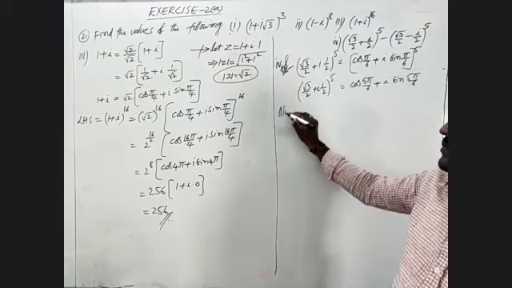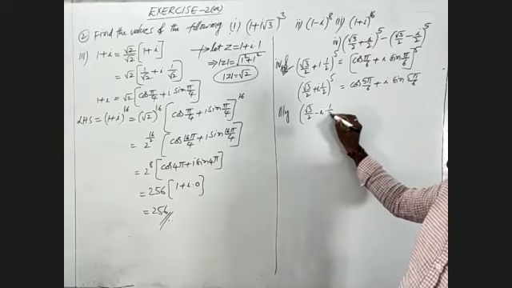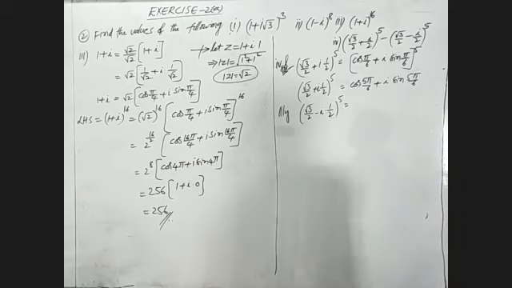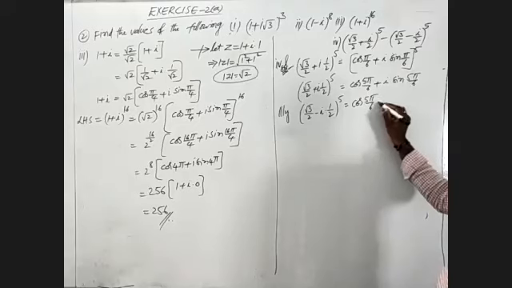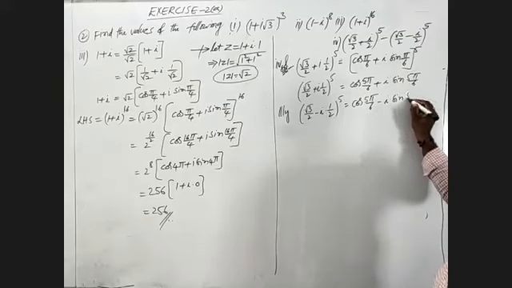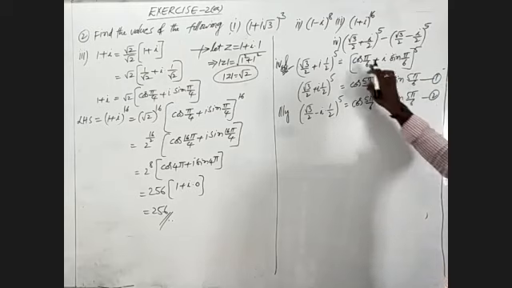Similarly, we will take root 3 by 2 minus i into 1 by 2 whole power 5, which becomes cos pi by 6 minus i sin 5 pi by 6. This is number 1, this is number 2.